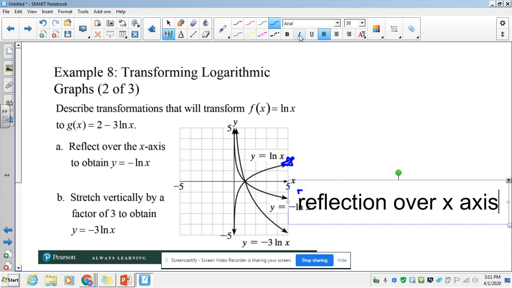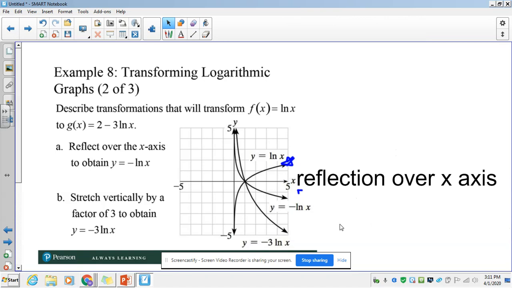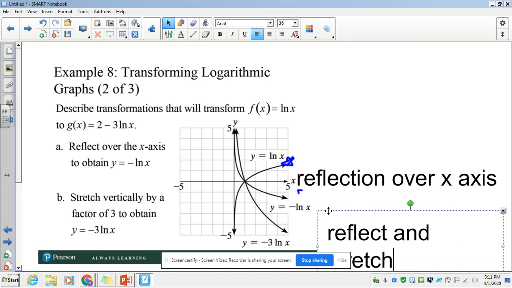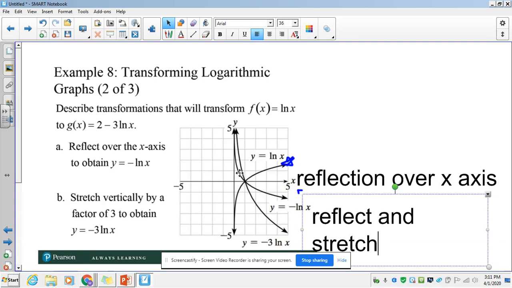And then the last graph is showing you, well, let's reflect it and stretch it and see what happens. So here is the reflection and the stretch for this last graph here. Okay.